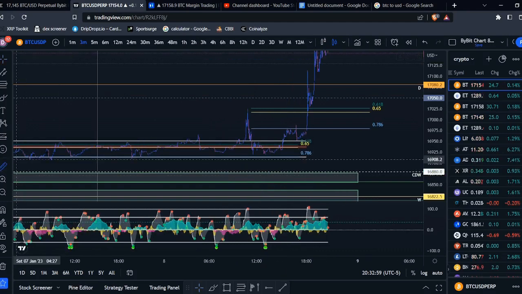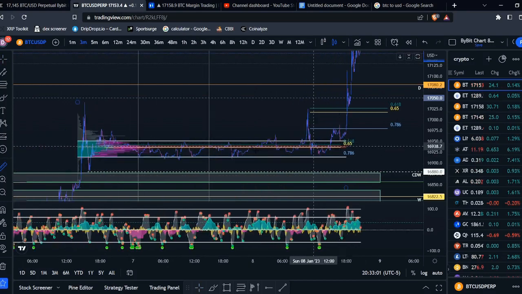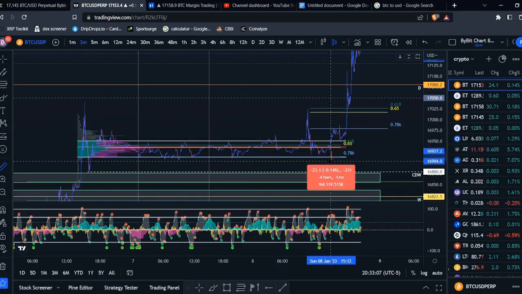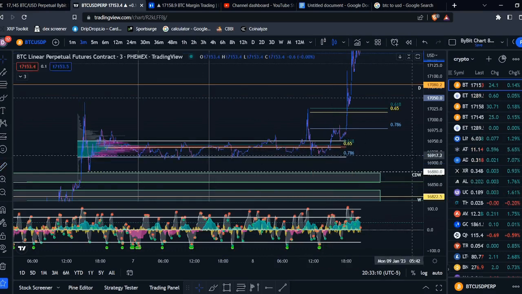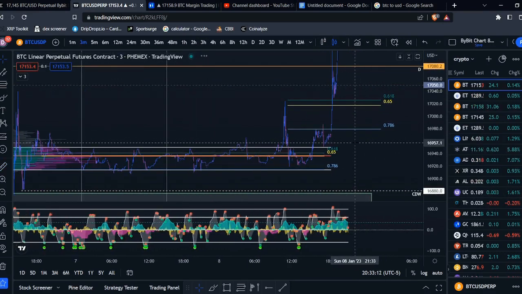But I noticed the scalps recently have been sort of smaller moves, so I decided to set a tighter stop so I can have more in my order, and I can take profits more aggressively.